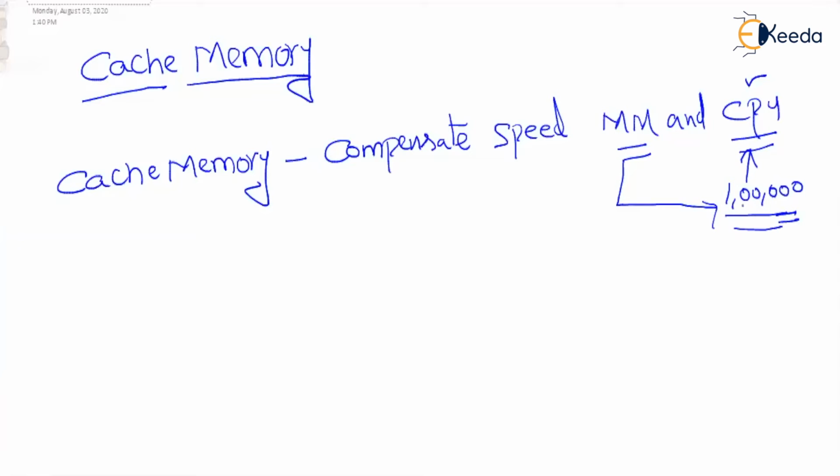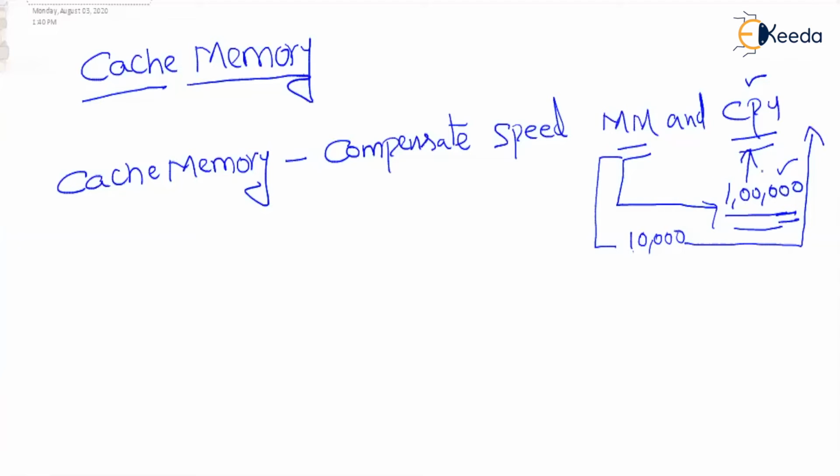But here the problem is main memory is not as fast as the CPU. Let us say the main memory will be able to supply only 10,000 instructions. At that time, what is going to happen? Regardless of its speed, the CPU will just be able to execute the number of instructions supplied by the main memory.